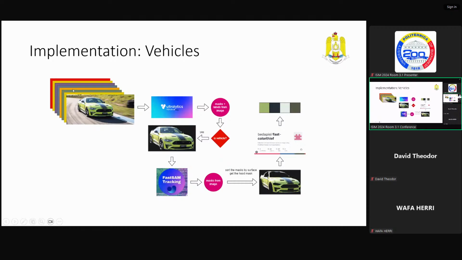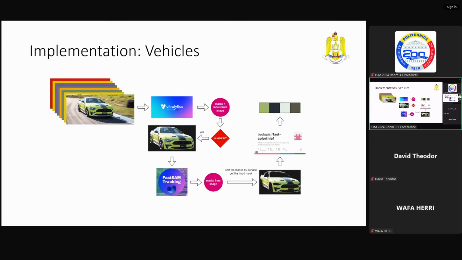how my implementation works. The image with the car is passed to the YOLO V8 framework that generates masks and labels from that image. We have labels from COCO in the pre-trained model that I use.